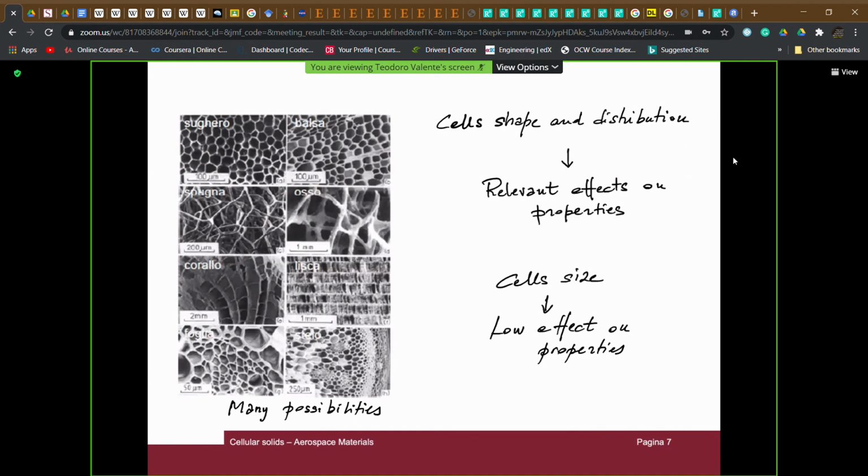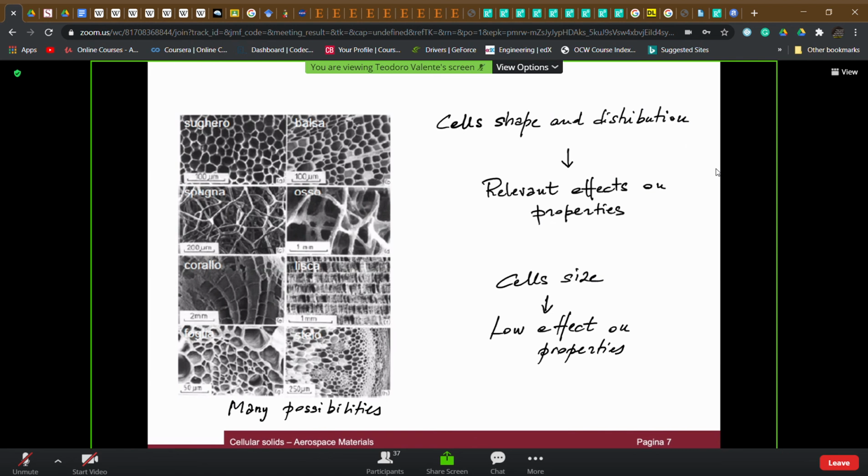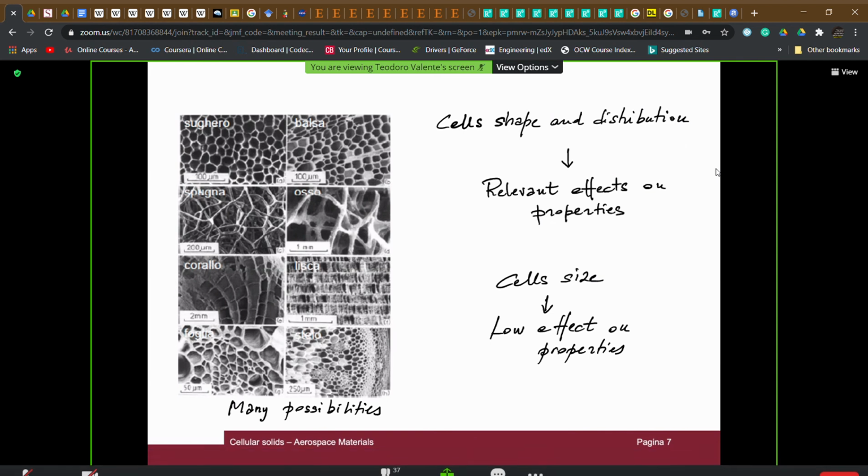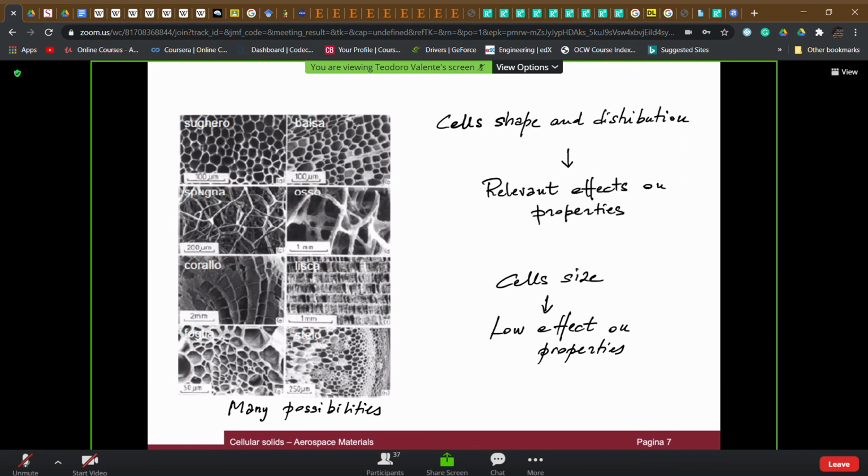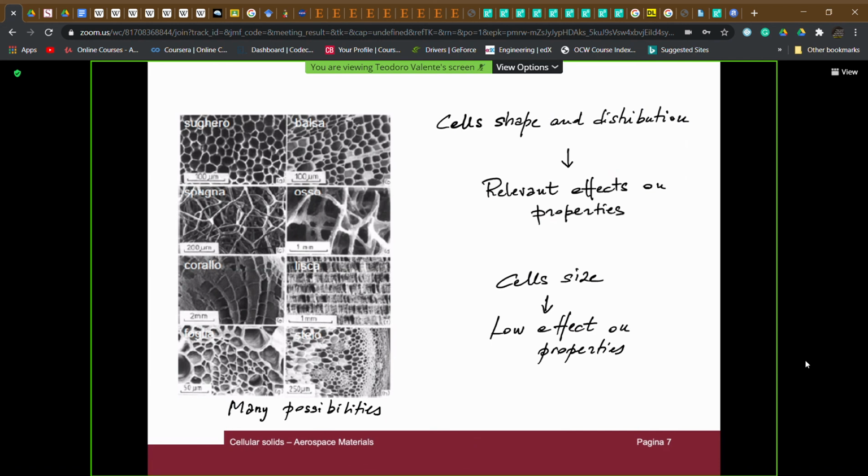Now, to close the lesson of today, and next time we will go deeper into this topic, just remember this, which is very important: for the same composition, we can have differences between two cellular solids in cell size or in cell shape and distribution.